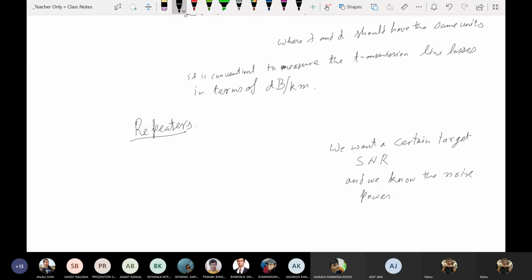So noise, we reduce it to basically thermal noise, and because of that, we know the noise power at the receiver. Fine.